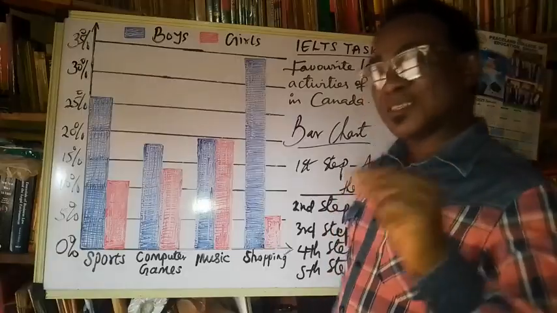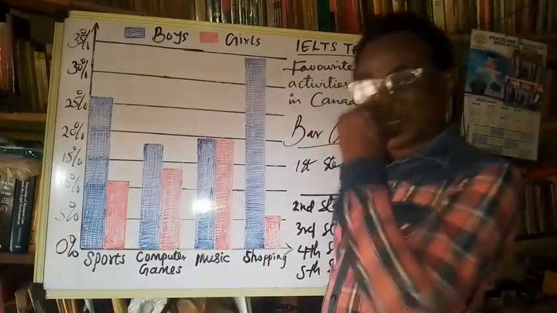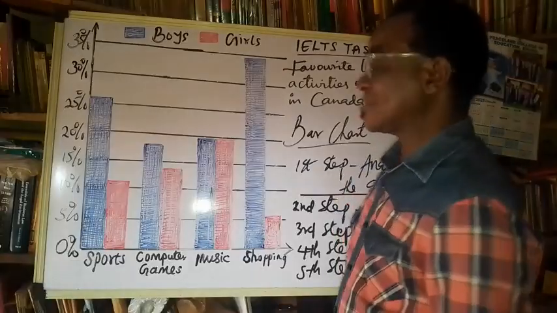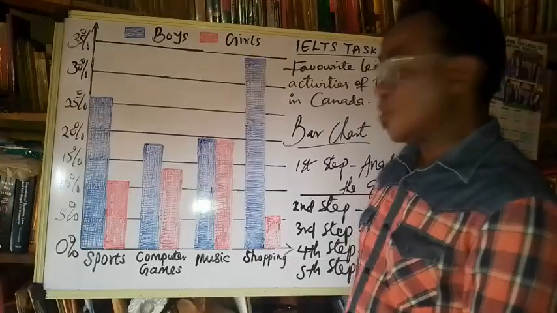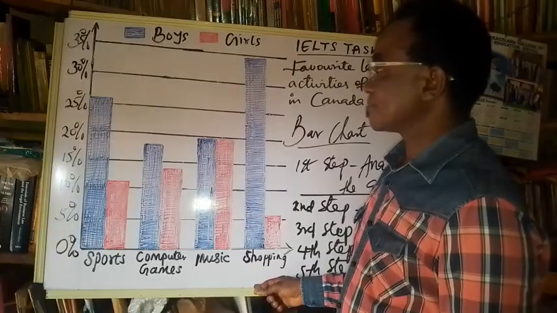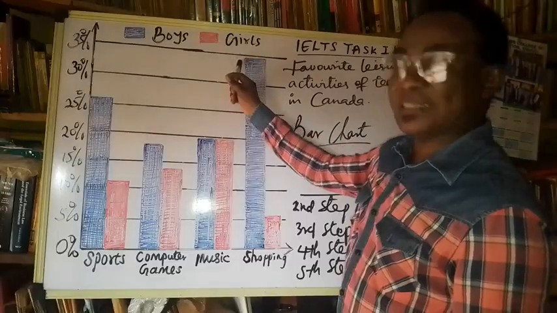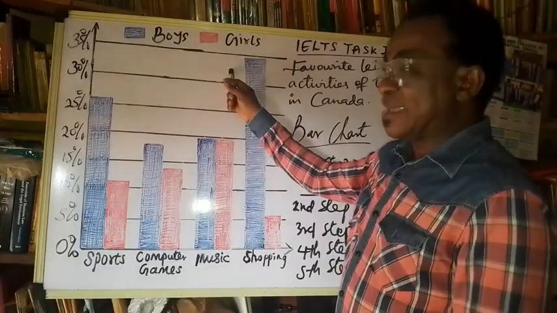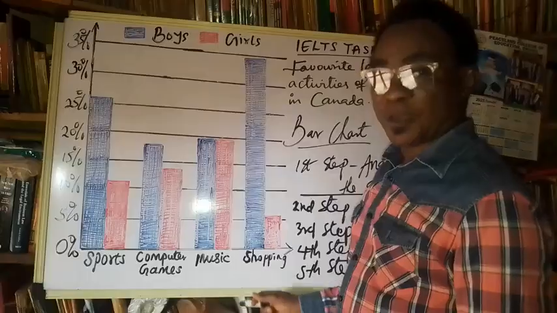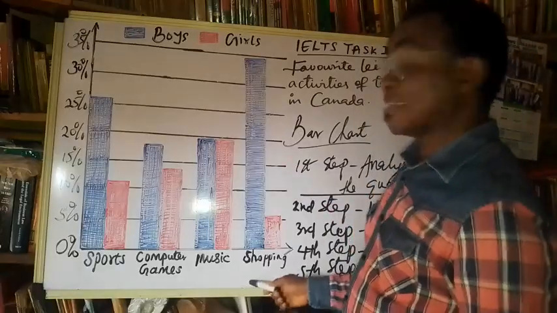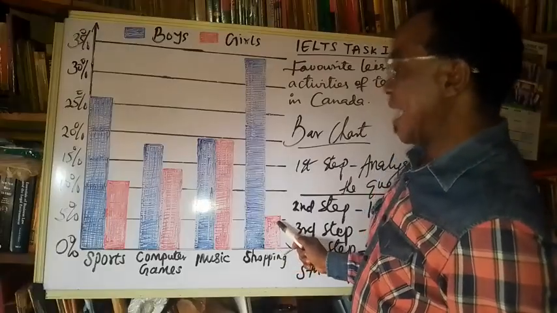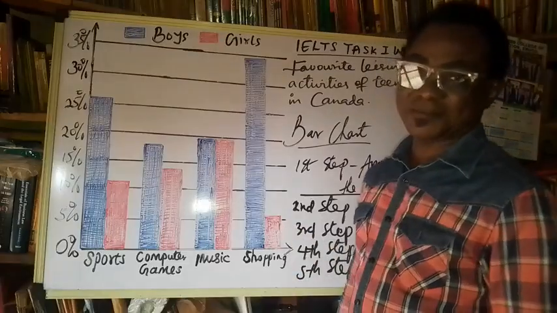However, the greatest percentage of teenage people who took part in these leisure activities were boys who went shopping. About 34%, just a little below 35, of boys went shopping as their leisure activity, compared to only about 6% of girls.